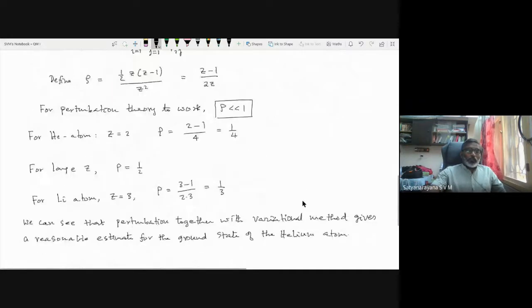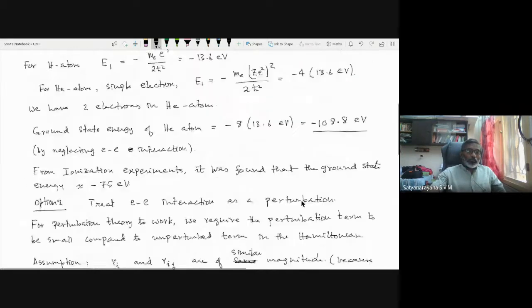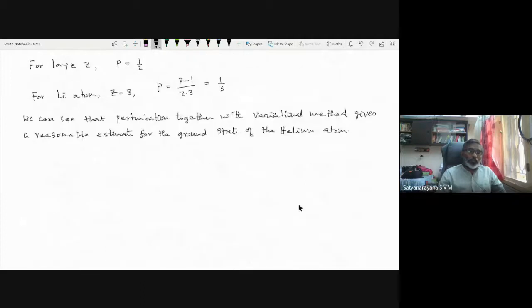So what people tried and then succeeded was something called the central field approximation. Okay, so the central field approximation is something like this.